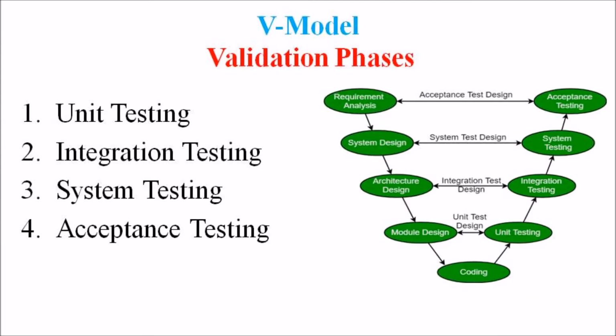In the validation phase, the phases are acceptance testing, which is connected to the requirement analysis. Next is system testing, which is connected to the system design. Another one is integration testing, which is connected to the architecture design. And another one is unit testing, which is connected to the module design. So these verifications and validations are connected by the coding section.